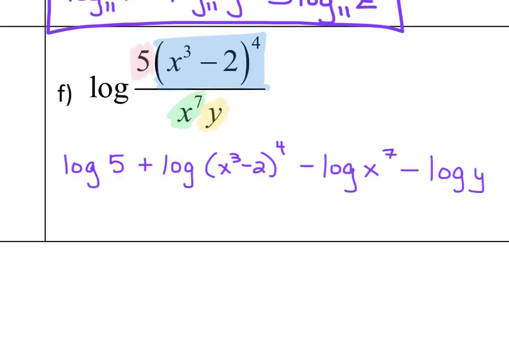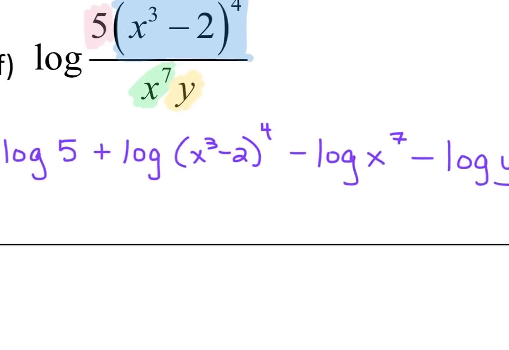Now, once I have written that out, notice that log of 5 can't be simplified any farther, and log of y can't be simplified any farther.